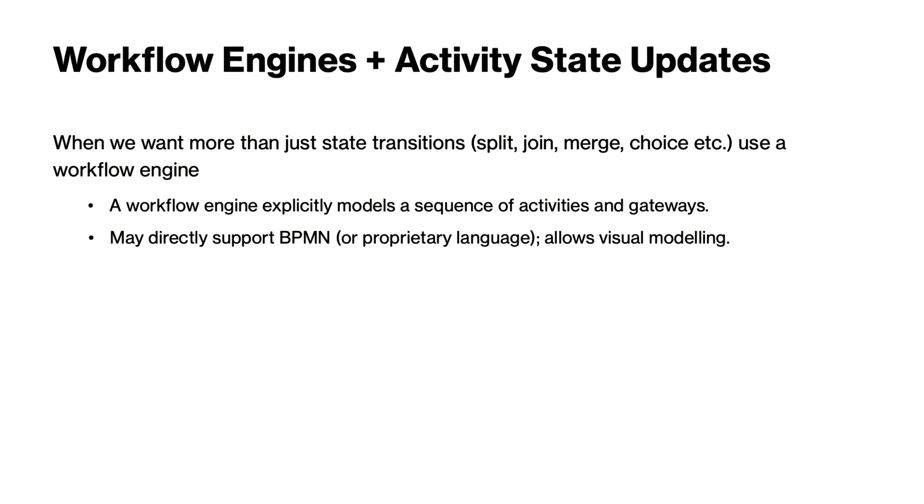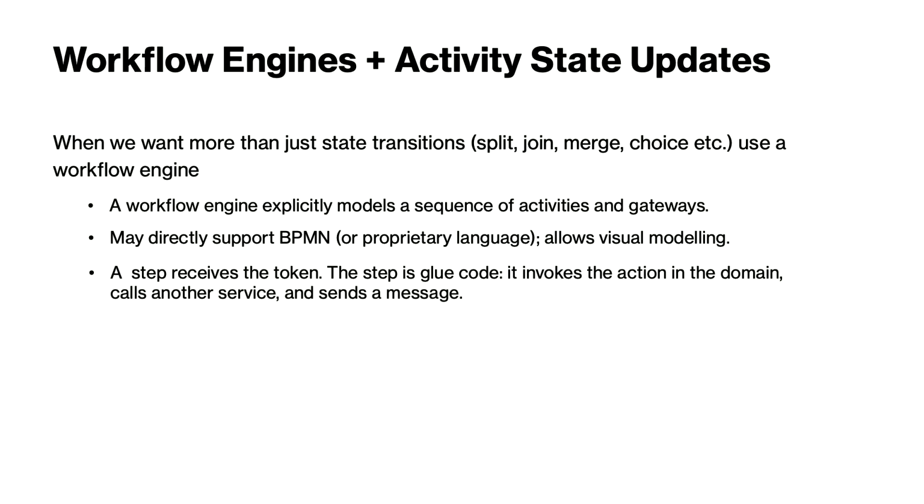They may directly support BPMN, so you may actually have a visual design tool where you can design your BPMN workflow. Some of them explicitly do it by you just configuring it in JSON or YAML. Others, you just do it directly in code. You write code, and the code forms your given workflow. It depends on the choice.